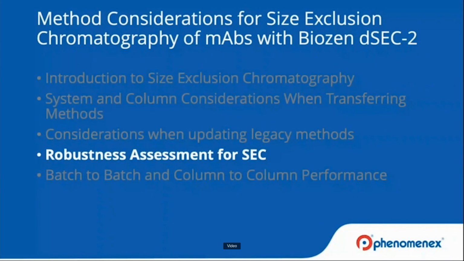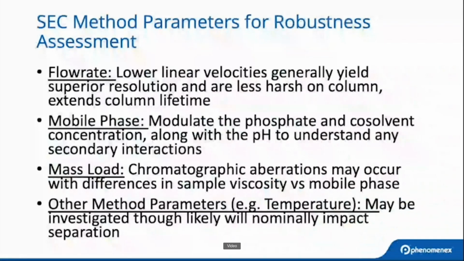So going to a section on robustness, and this is one of the major frustrations with existing size exclusion columns. So beyond lot-to-lot assessment, there are several other considerations when tackling method robustness. One of the first being flow rate. Optimizing flow rate requires balancing back pressure, robustness, and throughput needs.